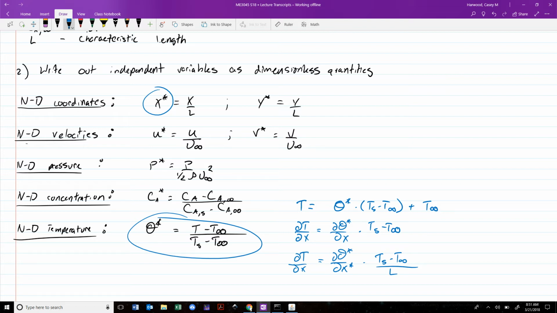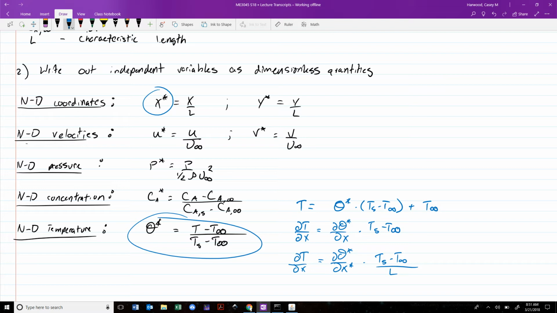So what we've done is come up with a substitution rule where we can take these dimensional derivatives and replace them with derivatives that use these dimensionless quantities times some sort of scaling factor.